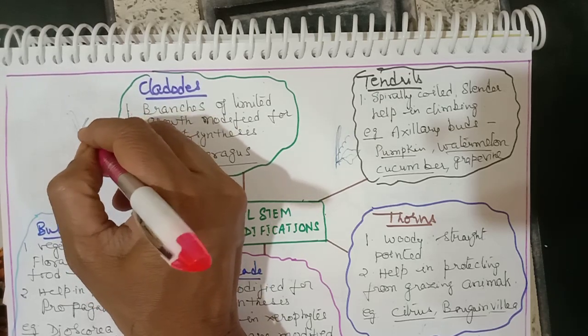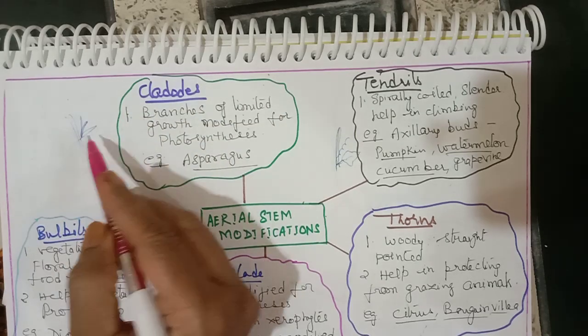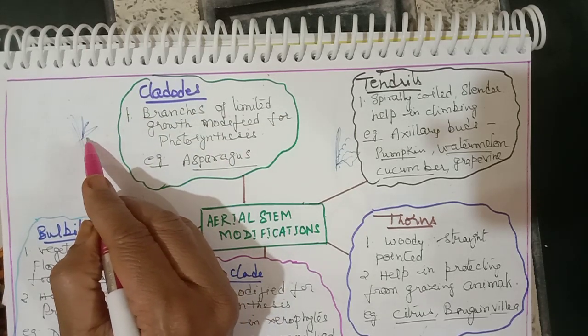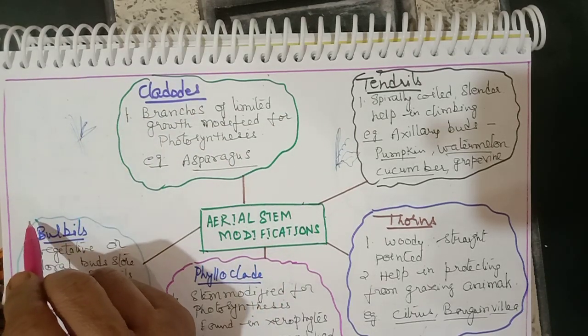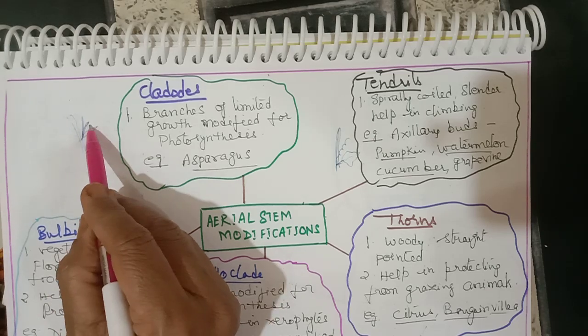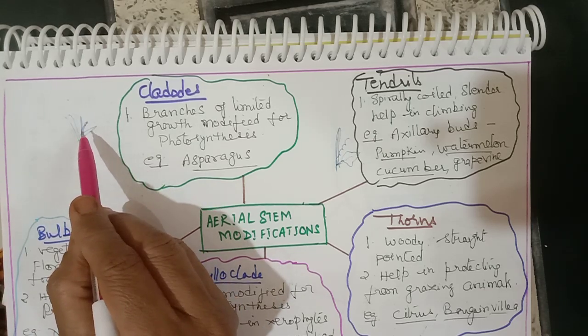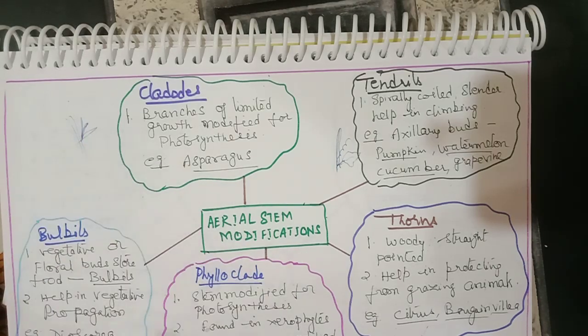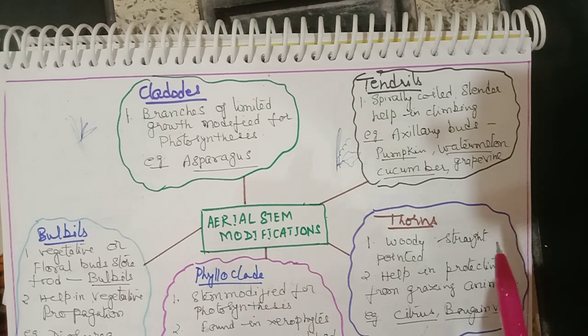For example, in asparagus, 3 cladodes are developed at one node. So just the branch will develop into a photosynthetic structure which is of limited growth. Such branches which show limited growth are called cladodes, for example in asparagus.